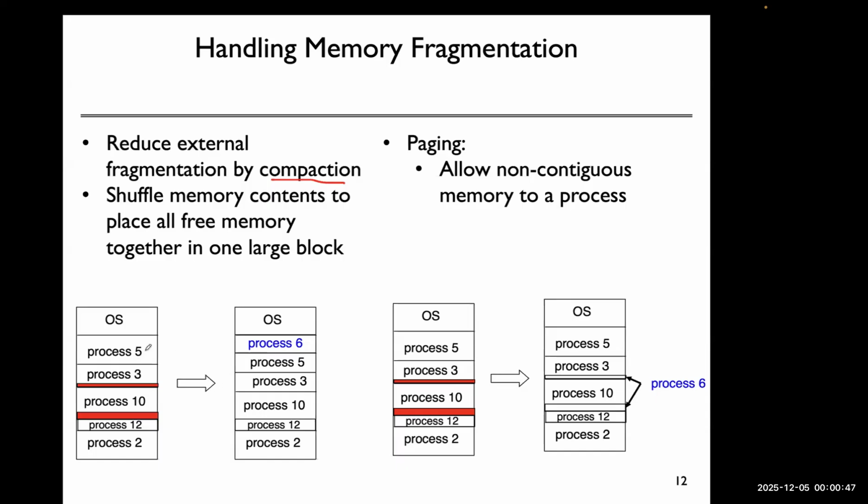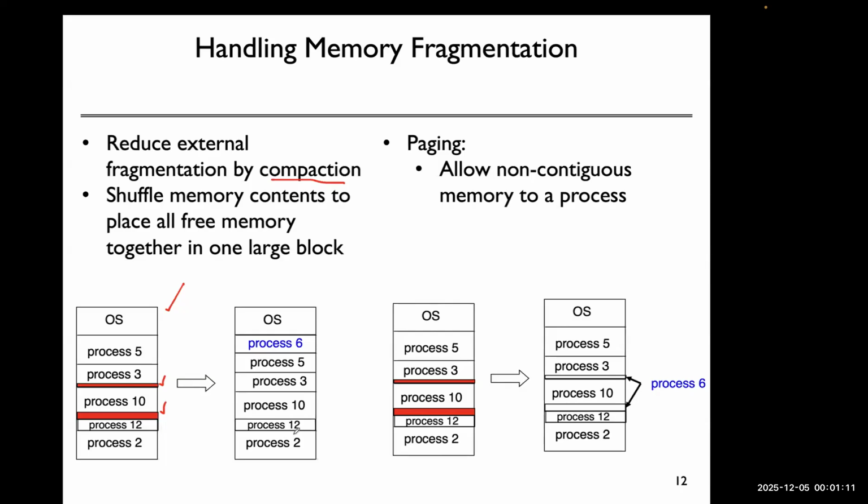For example, let's say initially you have processes 5, 3, 10, 12, and 2 running, right? And then you have these two small holes, and there is a request for process 6. These two holes together can satisfy the request by process 6, but since they are not contiguous, you cannot allocate the memory to process 6.